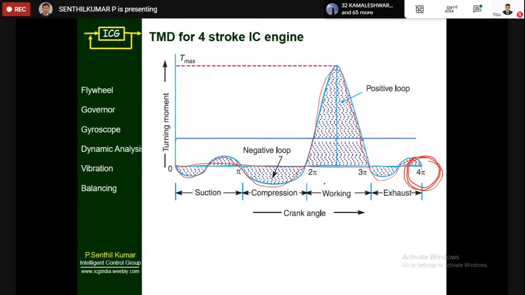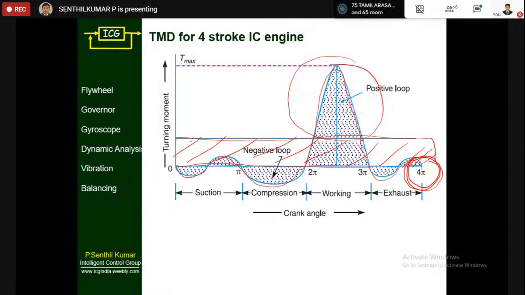So what will happen when you add a flywheel? See, this is what happens when you add a flywheel. We get total constant energy. The flywheel removes energy from this place and adds it here.